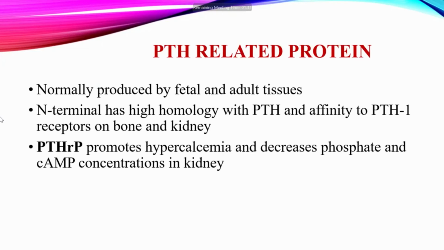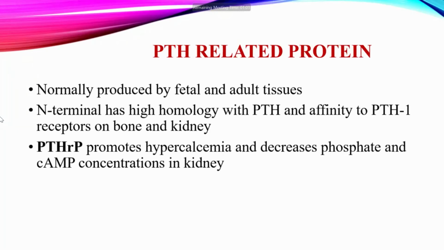As we discussed earlier, parathyroid hormone receptor 1 has an affinity with parathyroid hormone related protein along with parathyroid hormone. The other receptor, parathyroid hormone receptor 2, has an affinity only with parathyroid hormone, not with parathyroid hormone related protein.